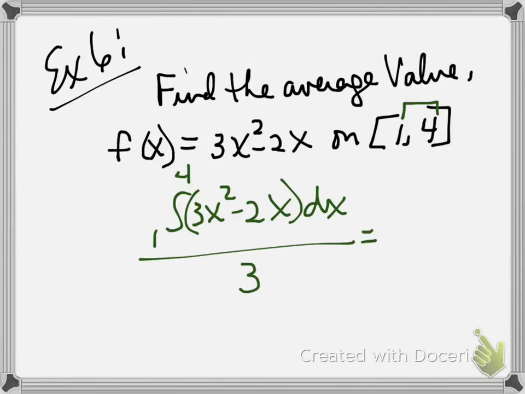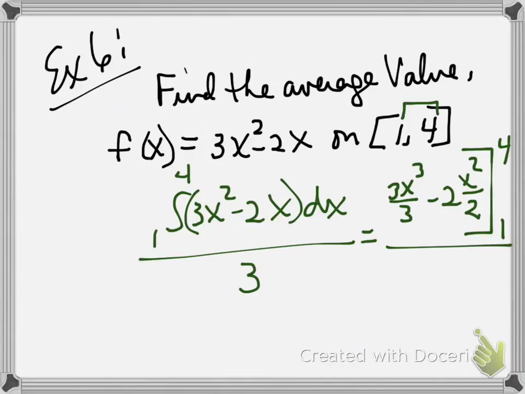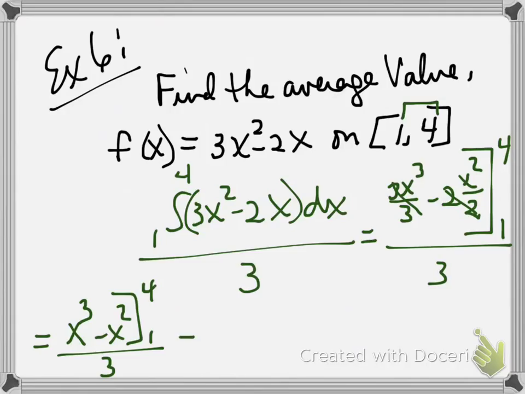So this is going to be 3x to the third over 3 minus 2x squared over 2, and it goes from 1 to 4. And then we're going to divide by 3. So stay with me. We're going to cancel the 3's and cancel the 2's. So it's really x to the third minus x squared from 1 to 4 divided by 3.